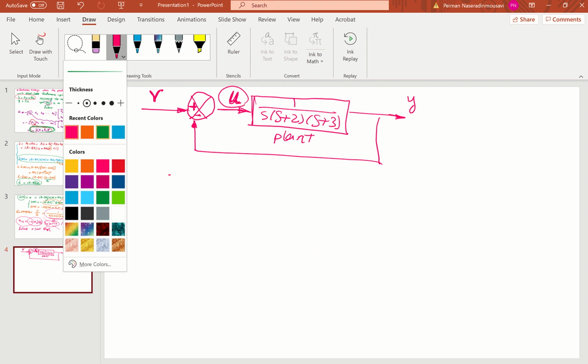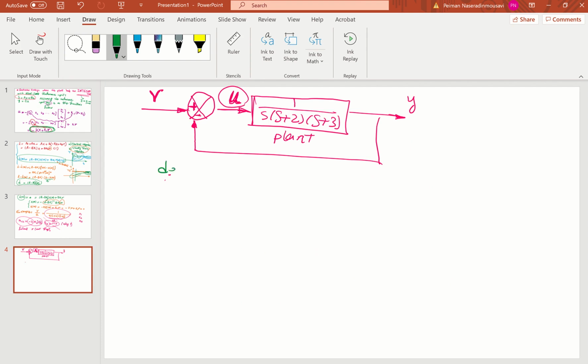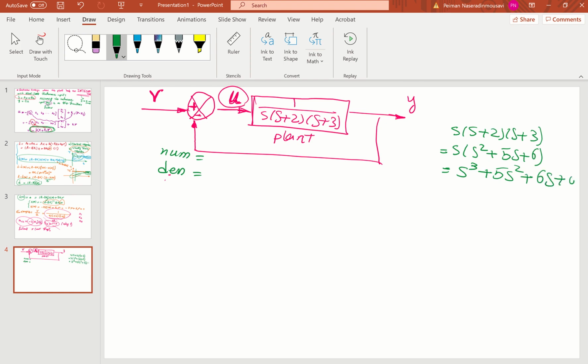You're going to say denominator and numerator. That's right. Numerator of this system, denominator of this system. Look here, s(s plus 2)(s plus 3). I'm going very trivially, step by step. The denominator is s times s squared plus 5s plus 6, so at the end it is s cubed plus 5s squared plus 6s plus 0.